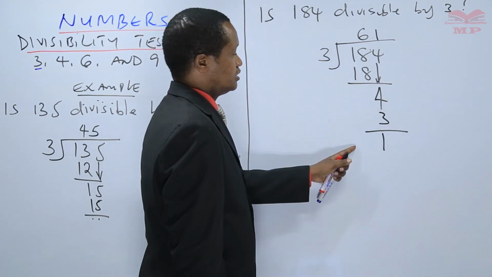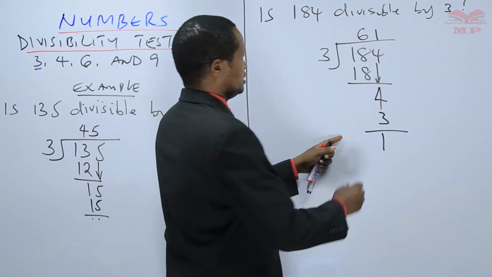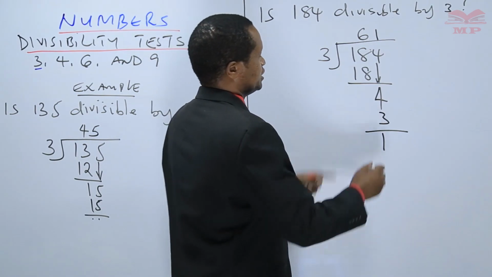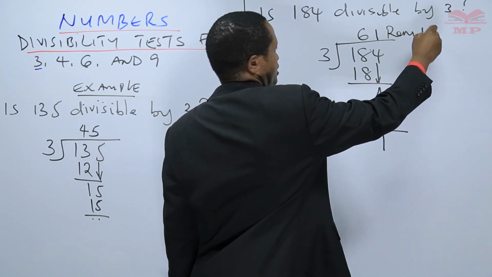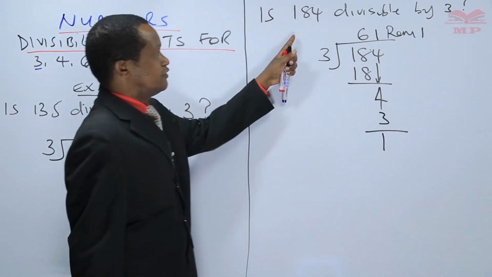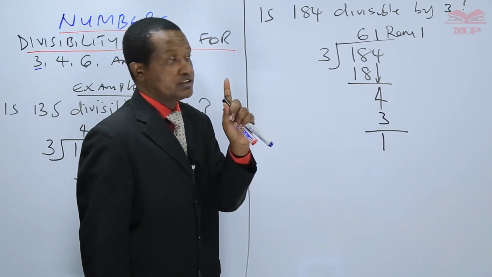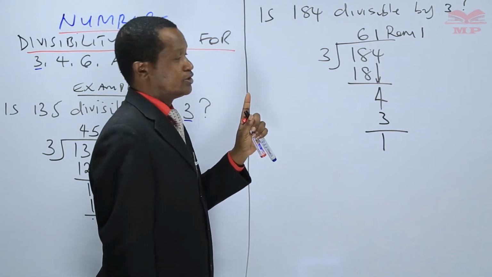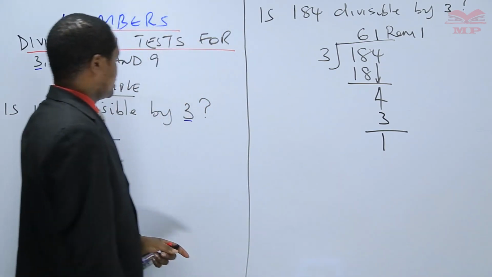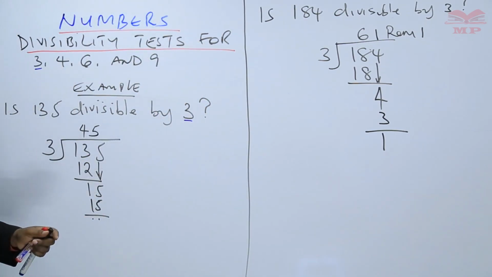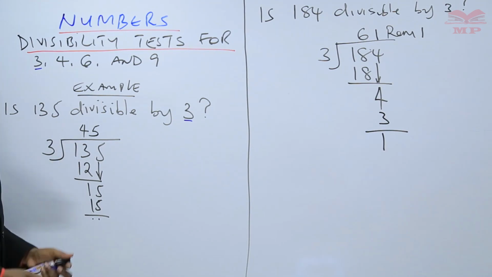You can see here the answer is 61 remainder 1. So 184 is not divisible by 3 because there is a remainder here, but the number 135 is divisible by 3 exactly.